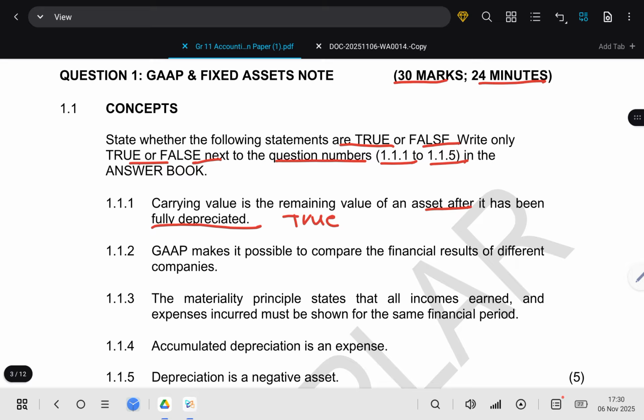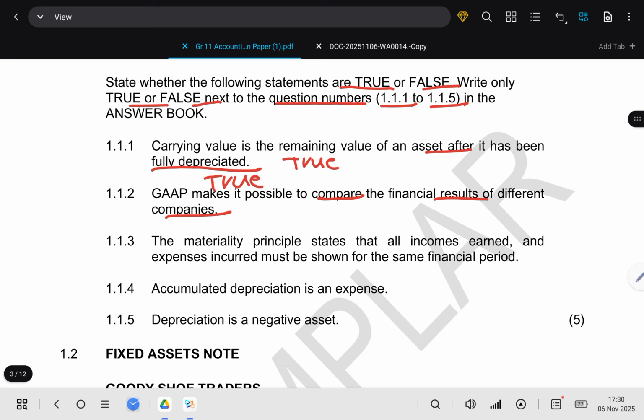Okay. Next, they're saying that GAAP makes it possible to compare financial results of different companies. This is true because remember, GAAP allows us to follow the same principles. What we follow in company A will also be followed in company B. Hence, it becomes easy for us to compare the performance of those different companies. Okay.